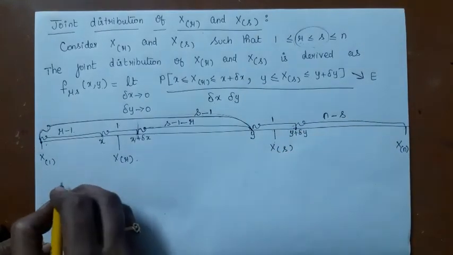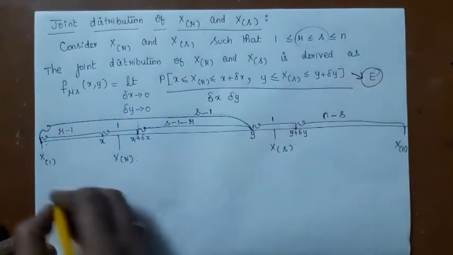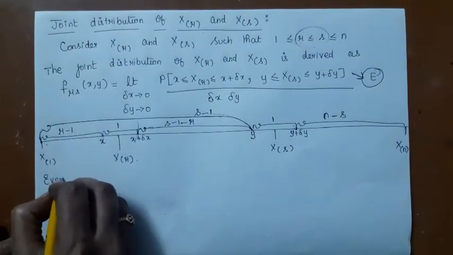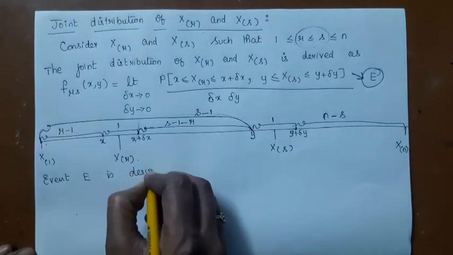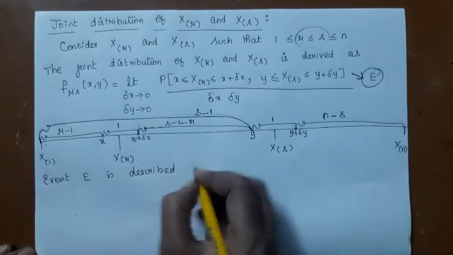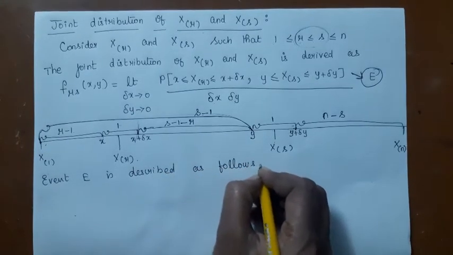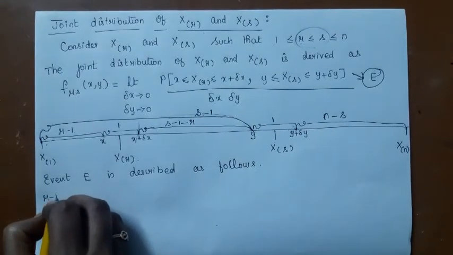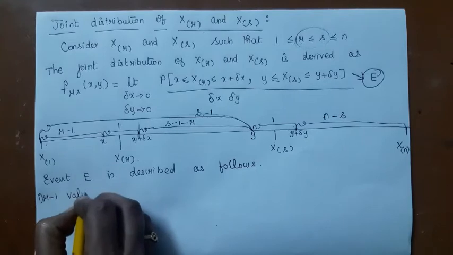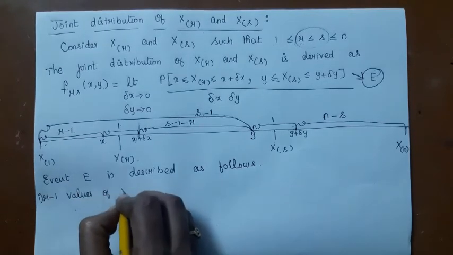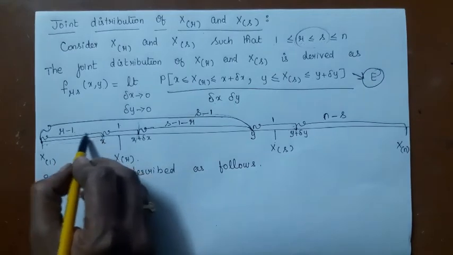I call this the event E. The event E is described as follows. First, R minus 1 values of Xi are less than or equal to x. I am talking about this interval.